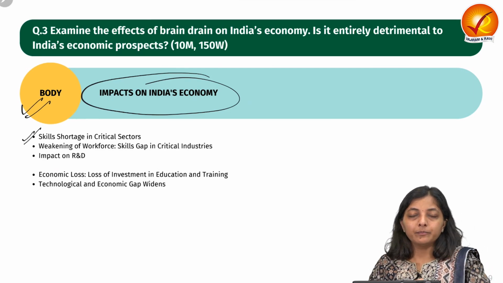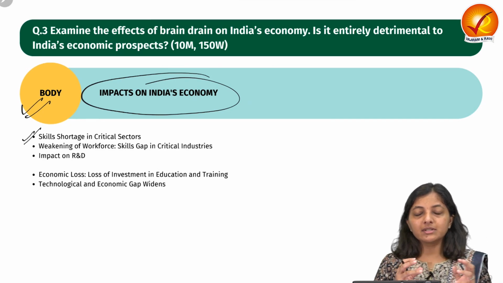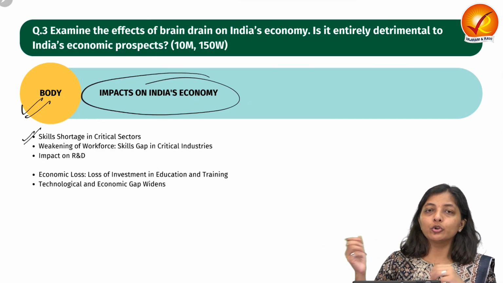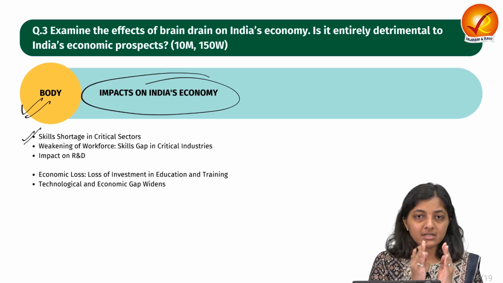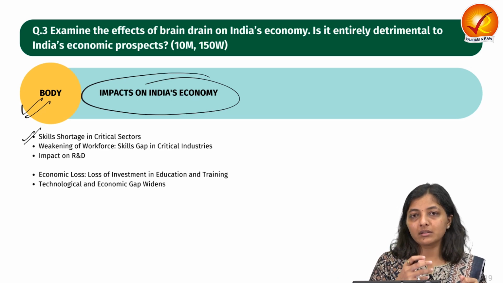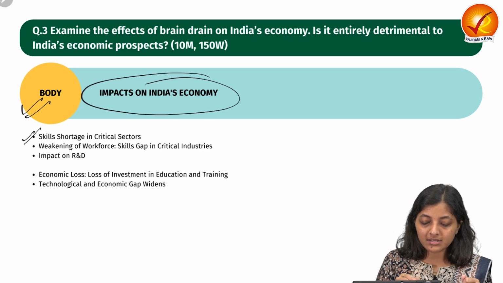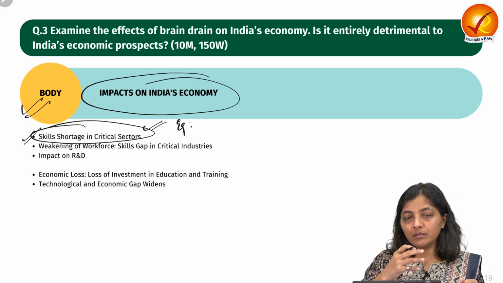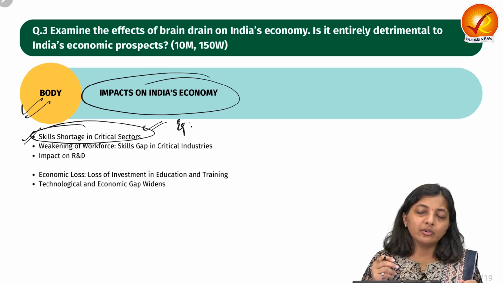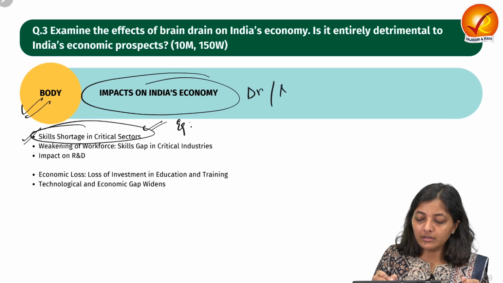The very first thing: when highly qualified or skilled people migrate to developed nations or other nations, there is a skill shortage in the home country. You can give examples like the export of healthcare workers, like doctors and nurses.